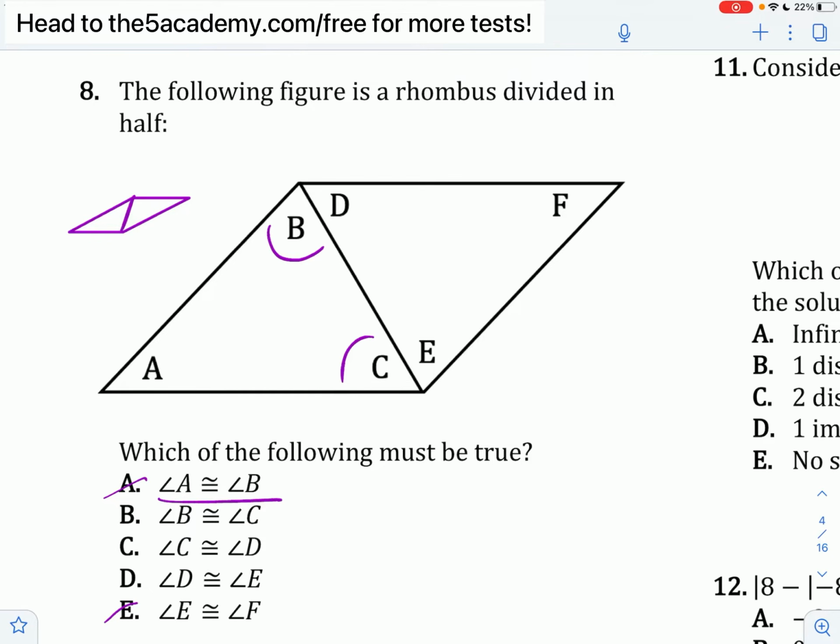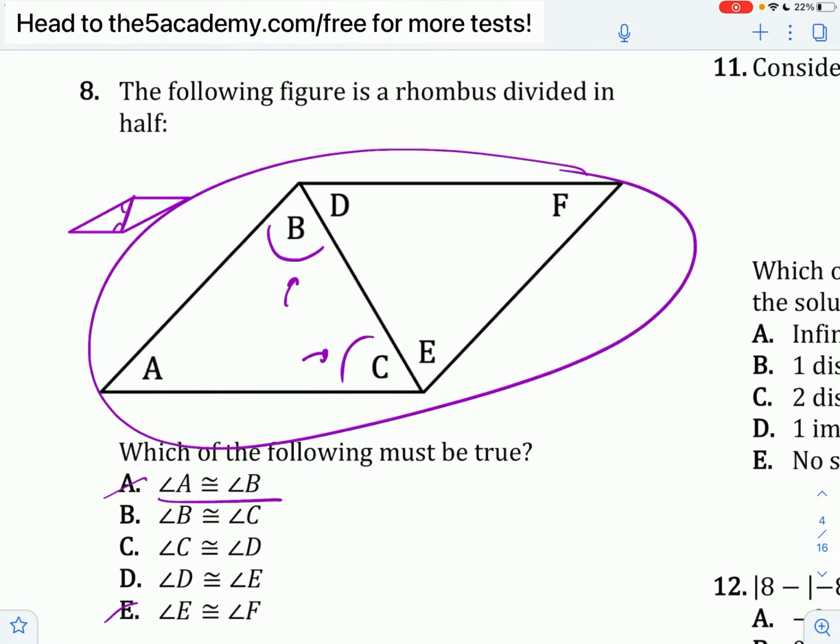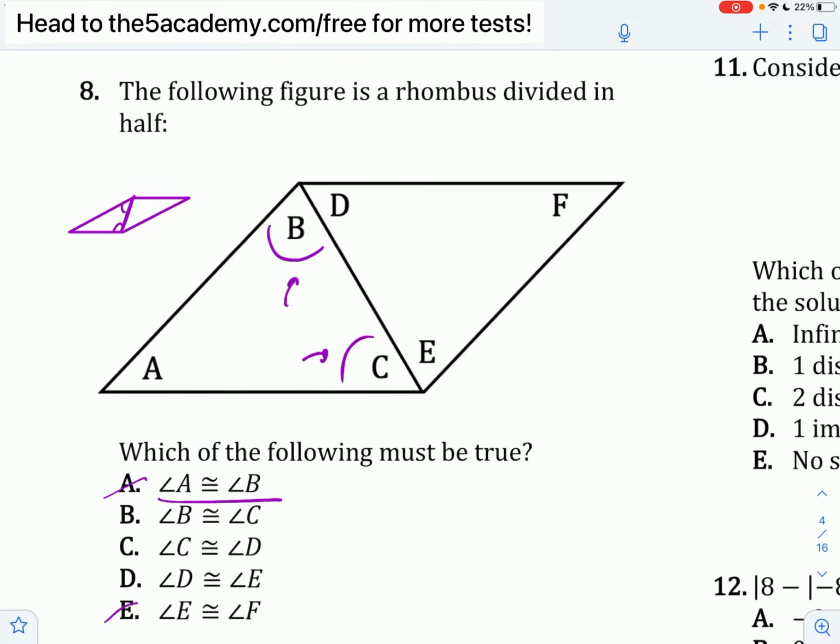So if angle B is equal to angle C, what that means is that this angle would be equal to this angle for any rhombus, not just this rhombus, but for any rhombus. Clearly, this B and this C are not the same. C looks to be much bigger than B. In this case, C and B look to be very close, right? But that doesn't apply for every rhombus. So for that reason, that's out.